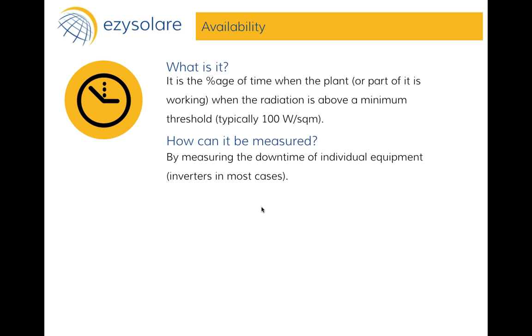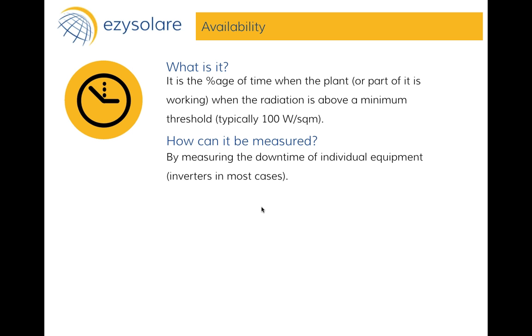Now, the third and last metric for tracking performance, which is availability, basically says that whenever the radiation was good enough that the plant should have been theoretically working, but if some part or entire power plant wasn't working, that metric is called downtime. And if say the downtime was 2%, then you have got a total availability of 98% of the power plant.